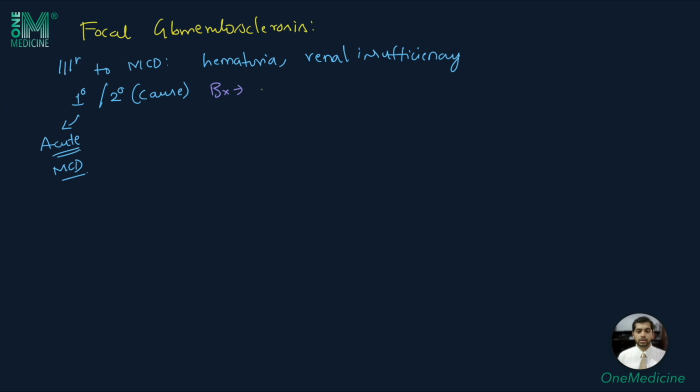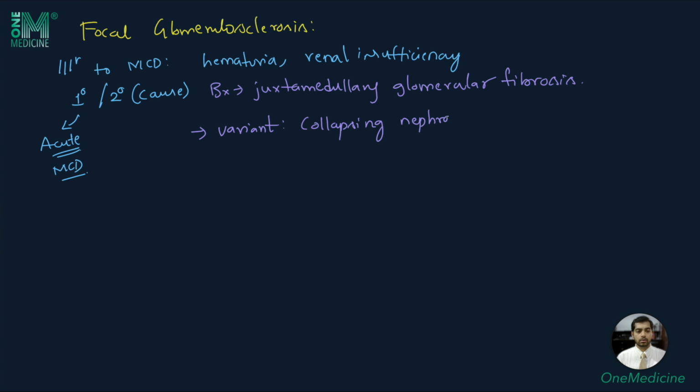Renal biopsy usually reveals a juxtamedullary glomerular fibrosis. There is another pathologic variant called collapsing nephropathy. This closely resembles HIV-associated nephropathy, and they carry a rapidly progressive disease.